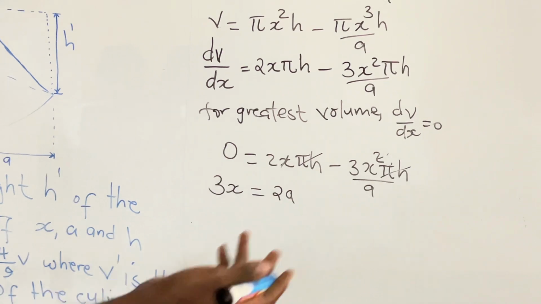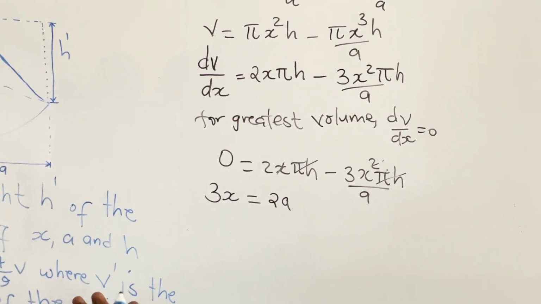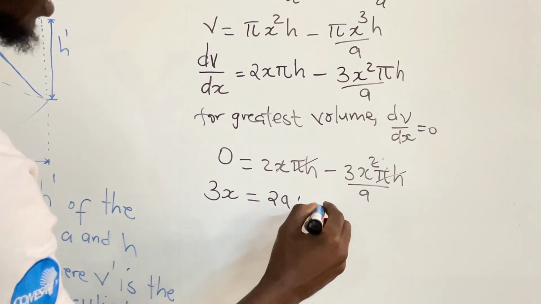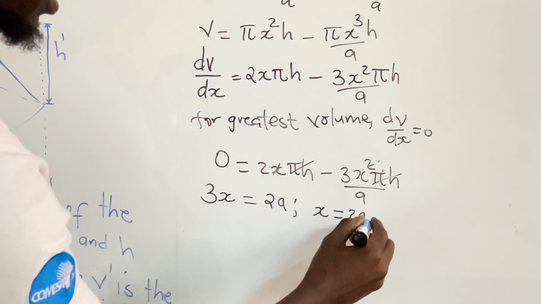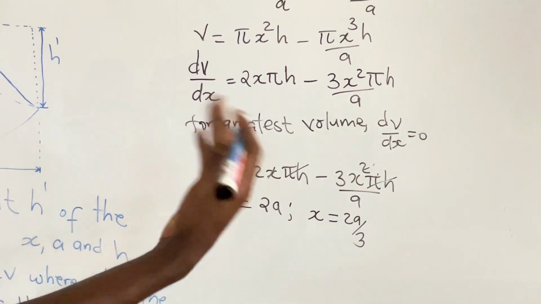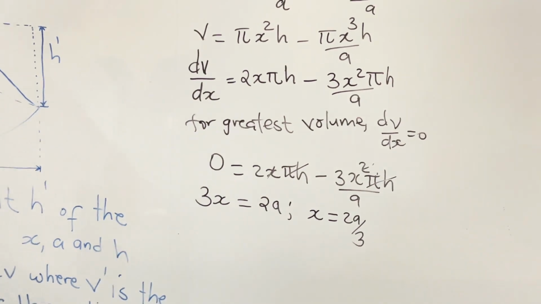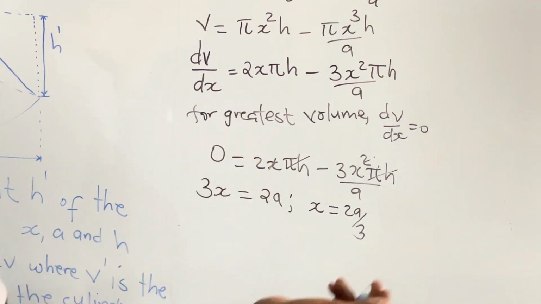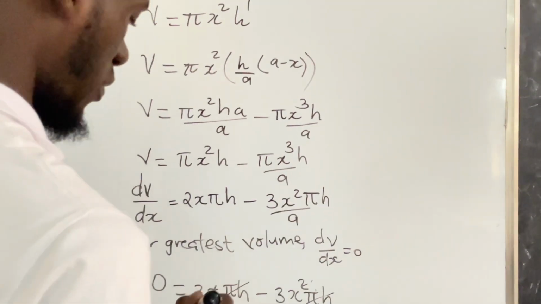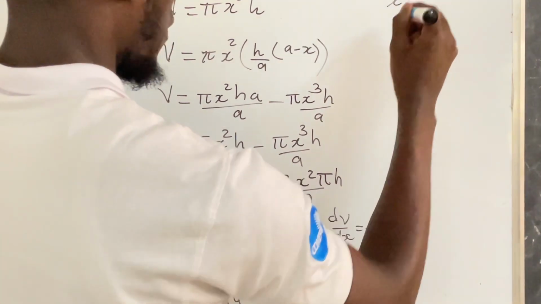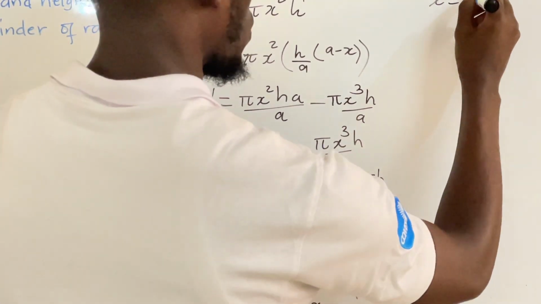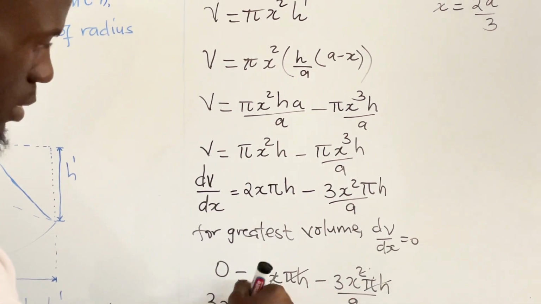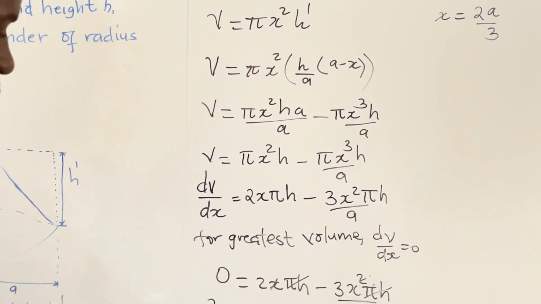We can write it as x being equal to 2a over 3, or we can make it a subject that you're comfortable with. So we are saying that our value of x is given by 2a over 3 from this expression here.